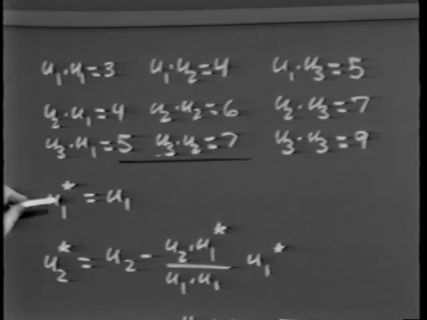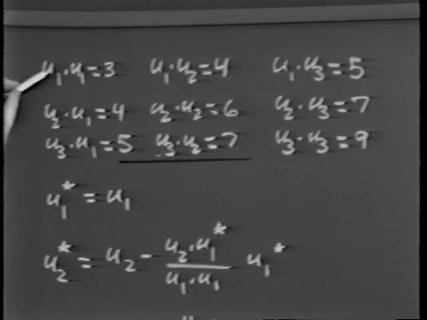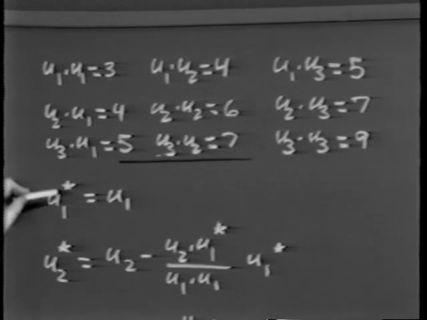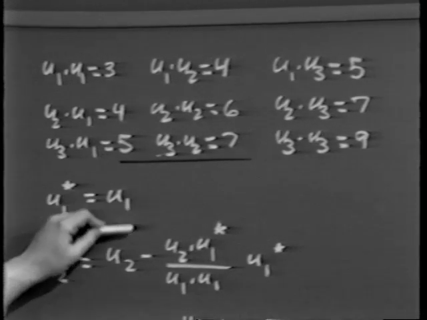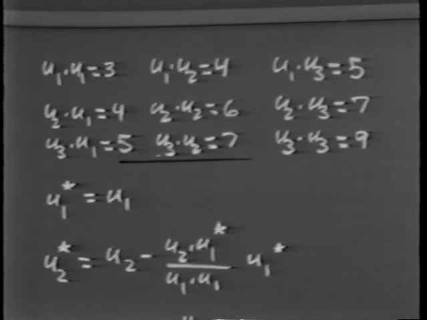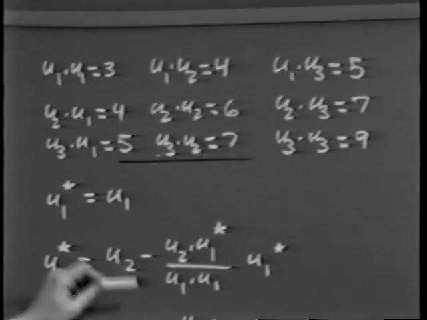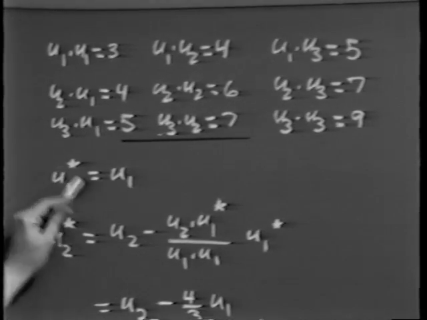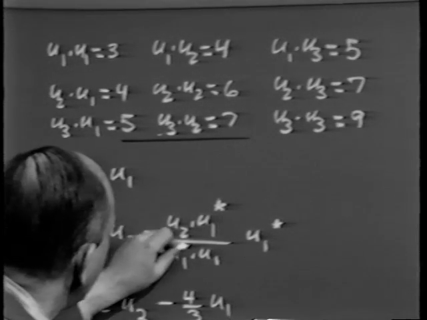The first thing is that obviously u1 is not the 0 vector, because if it were the 0 vector, u1·u1 would be 0, not 3. So the first vector in my orthogonal basis, which I'll call u1 star, can be u1 itself. How do I find the second vector? According to the Gram-Schmidt orthogonalization process, I replace u2 by u2 minus a suitable scalar multiple of u1 star. And what scalar multiple is that?